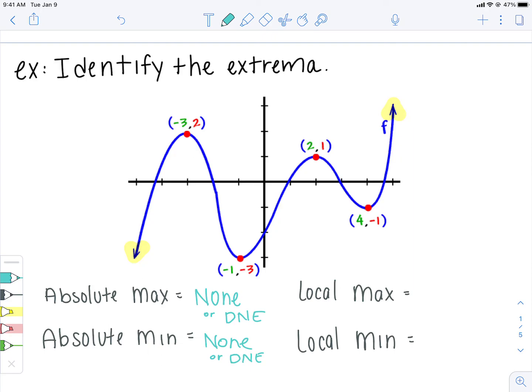Do I have a local max? Do I have multiple local maxes? Yes, I can see 2 points where I have like the top of a hill, right? Or where I'm going up and then all of a sudden that roller coaster is going to shoot down. I have 2 places, one right here and one right here.